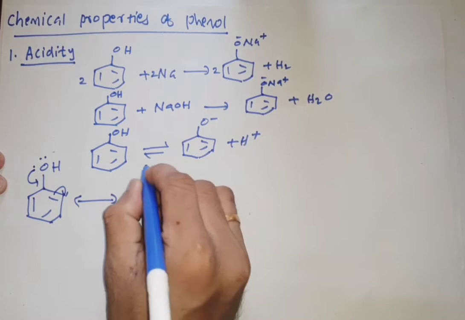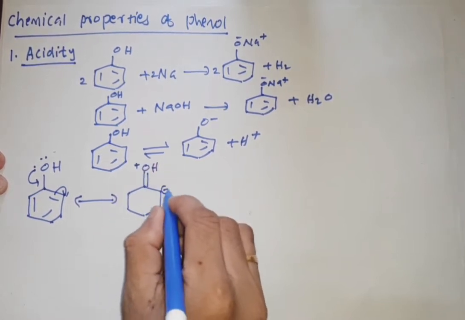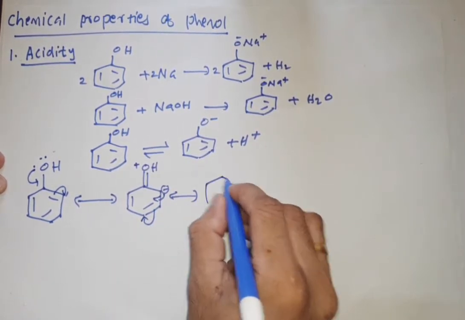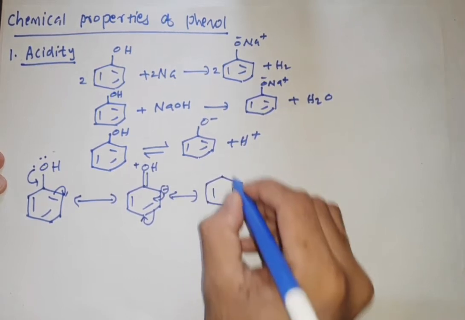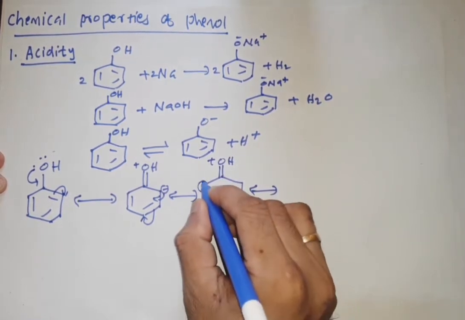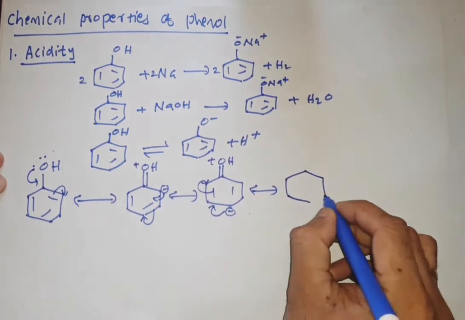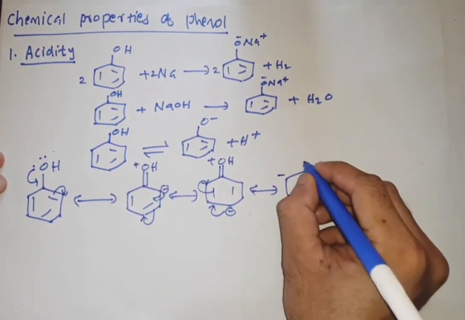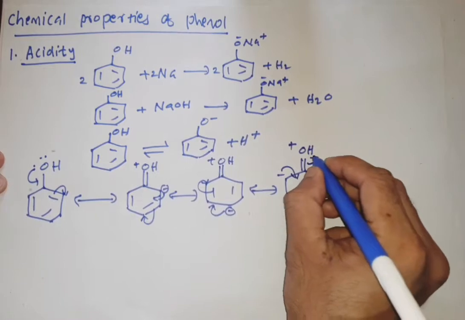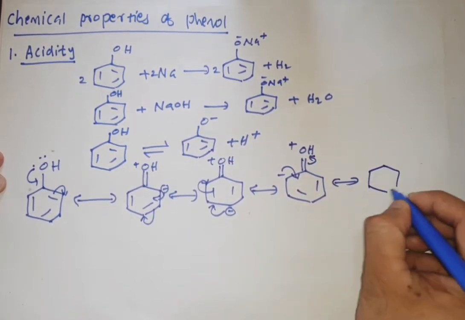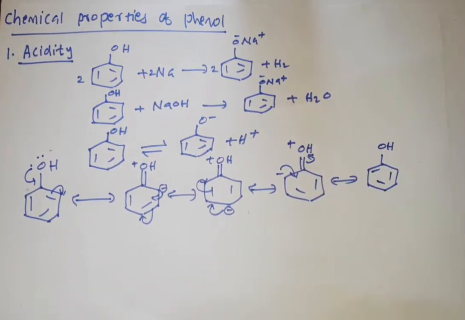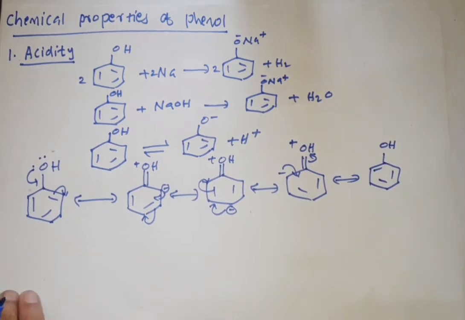Here these are the different resonance structures of phenol. Now consider the resonance structure of phenoxide ion.